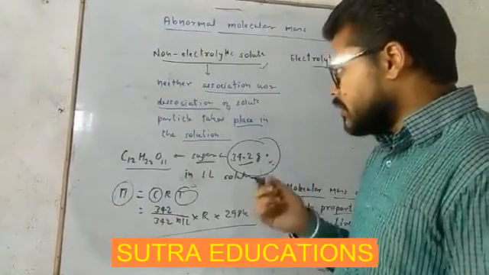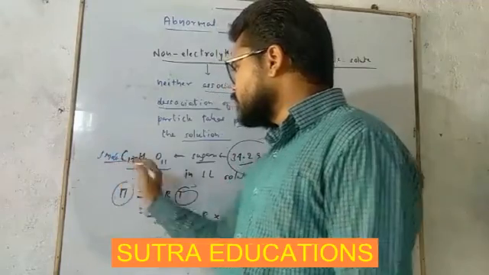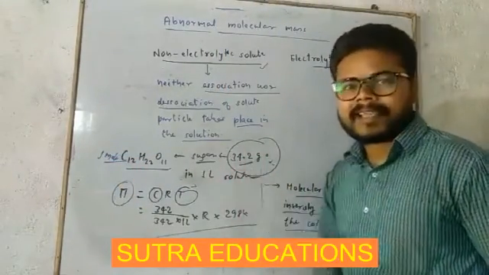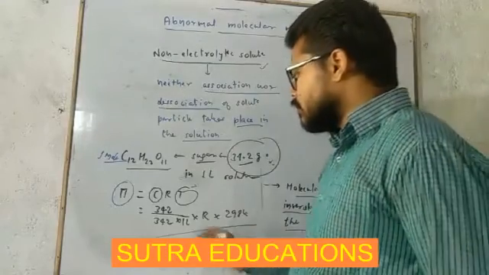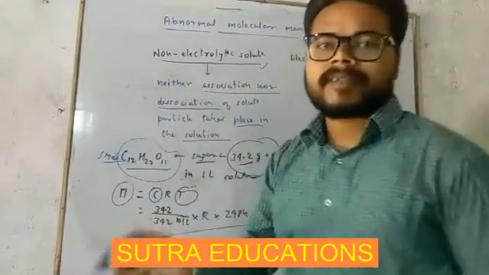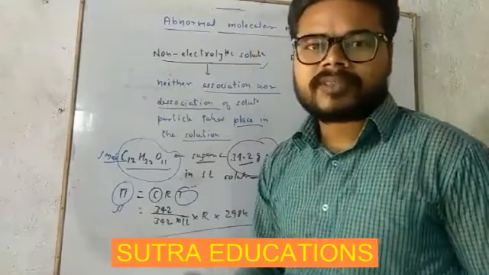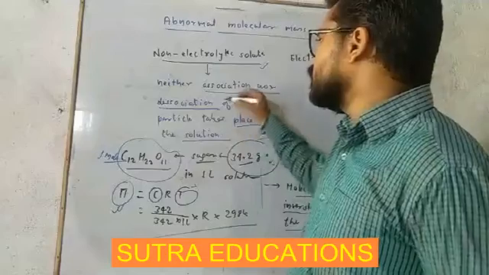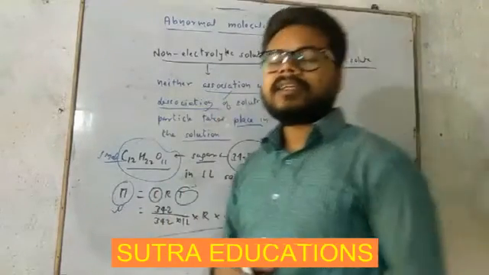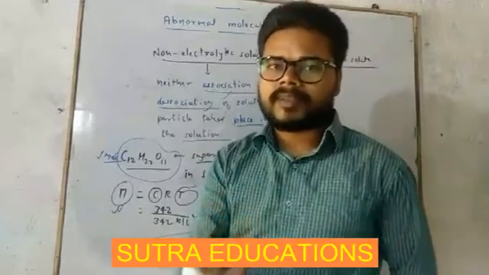And if 1 mole of C12H22O11 is taken, then 1 mole of C12H22O11 will be present in the solution, and that's why the colligative property is not going to change here, because I told you neither association nor dissociation will take place, and colligative property is directly proportional to the number of moles of the solute.